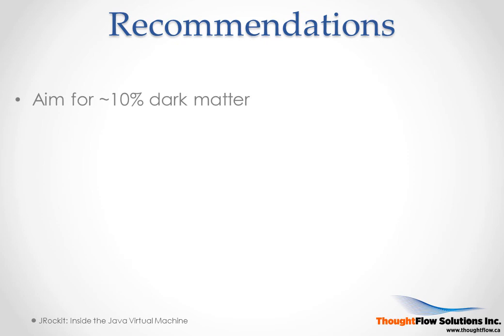Okay, so now when it comes to compaction recommendations, the idea is to aim for about 10% dark matter in your heap. Now, of course, ideally we don't want to have 0% dark matter, but that's just not an attainable goal, whereas 10% is actually attainable and will give you fairly decent performance. So 10% is really just the overhead and the cost of doing business.